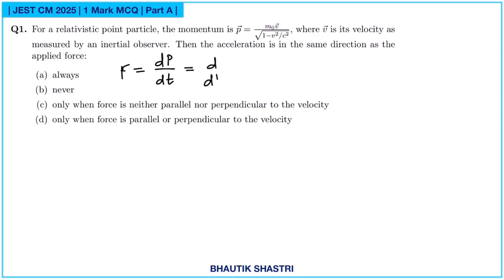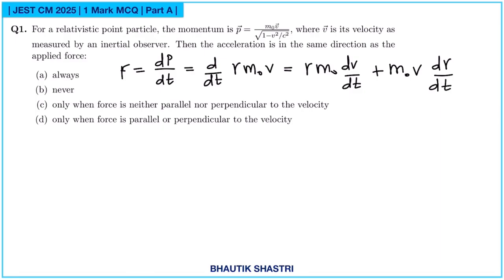Then this will be equal to d by dt of gamma m naught v, which can be written as gamma m naught dv by dt plus m naught v d gamma by dt. So F is equal to gamma m naught a plus m naught v d gamma by dt.